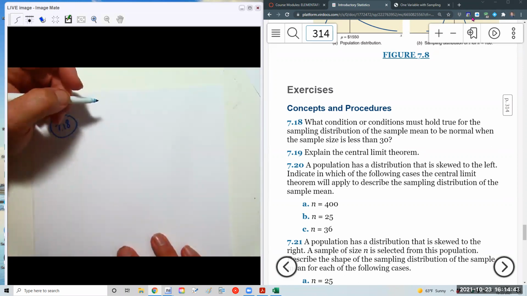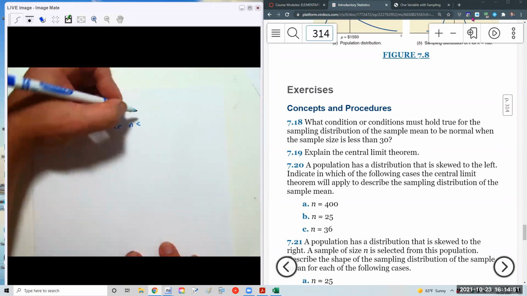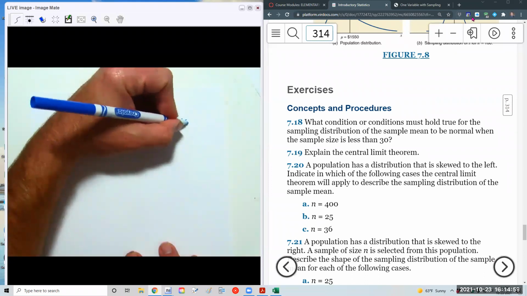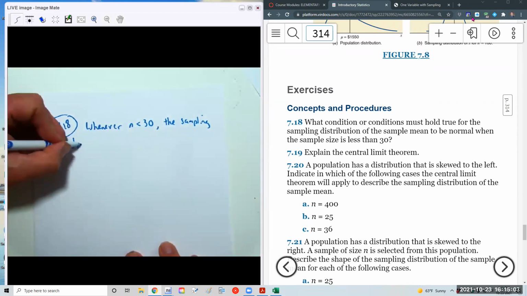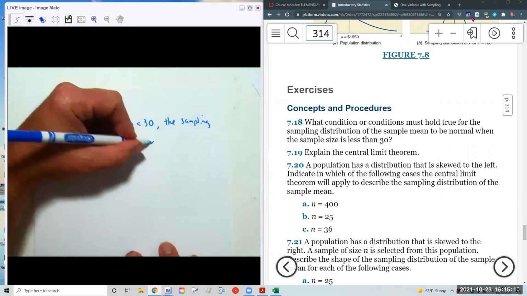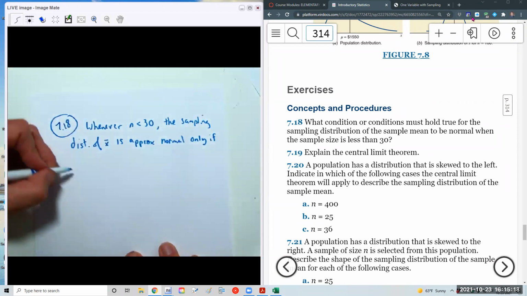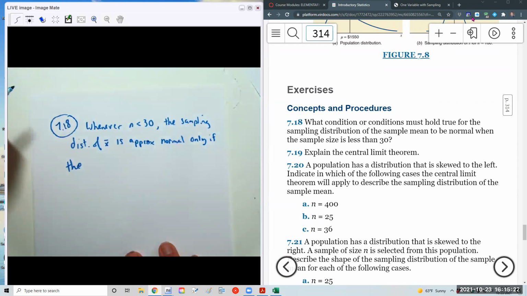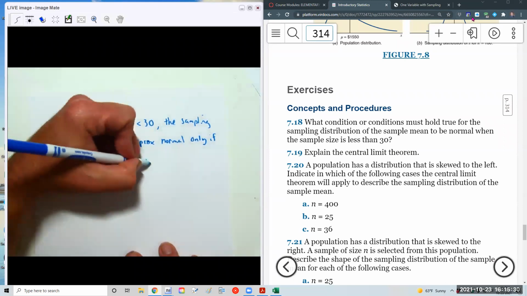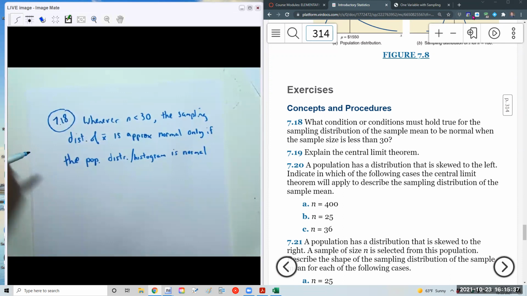All right, so I'm going to try to summarize that here. Whenever n is less than 30, the sampling distribution of x bar is approximately normal only if the population distribution or the population histogram is normal, or if it has any symmetry.